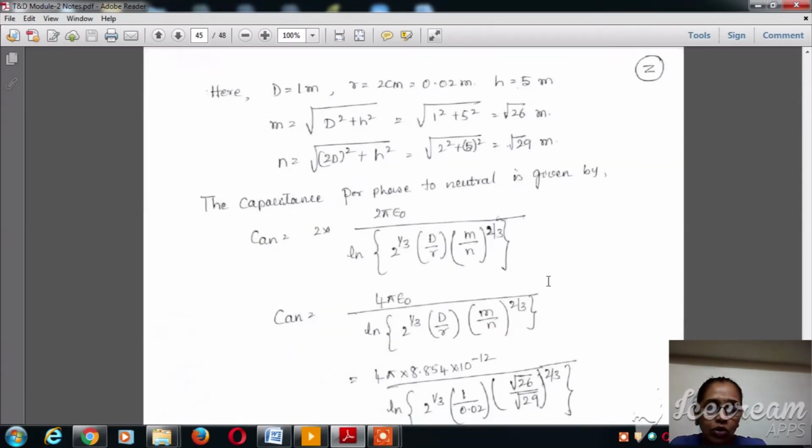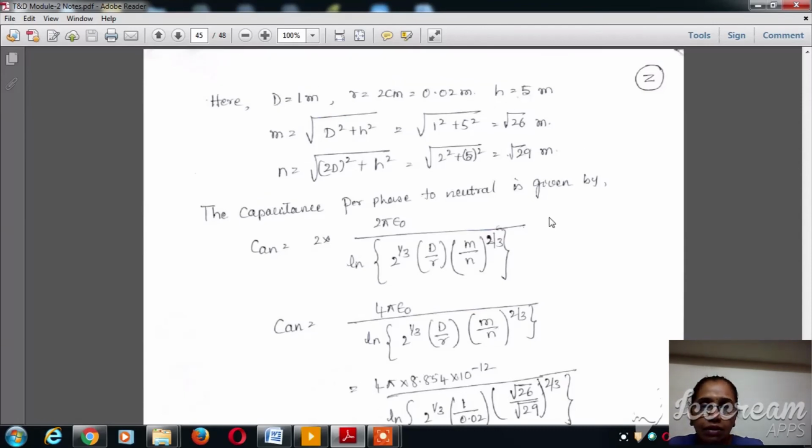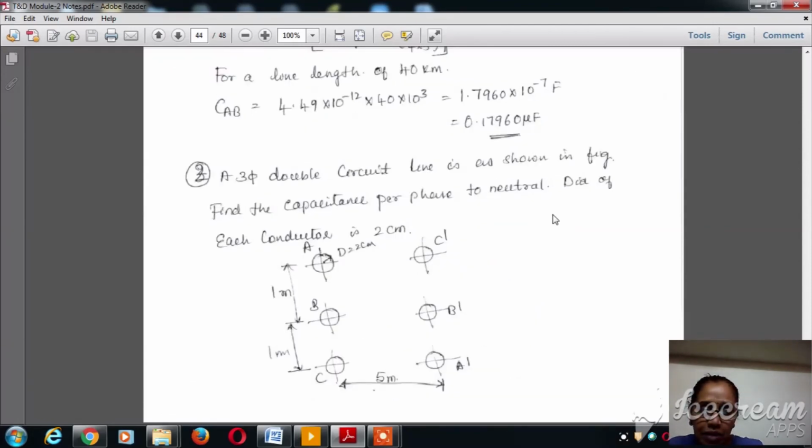Now according to this, here D is equal to 1 meter, as I already stated. R is equal to 2 centimeter, 0.02 meters, H is equal to 5 meters. Now with this we can calculate M. M is nothing but square root of D square plus H square.